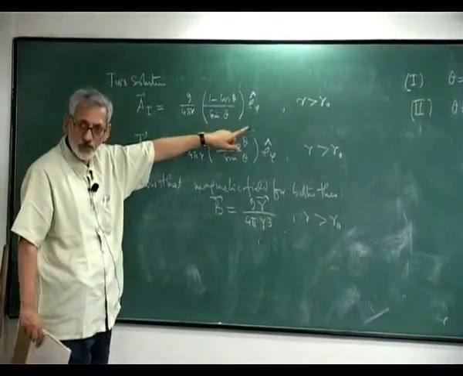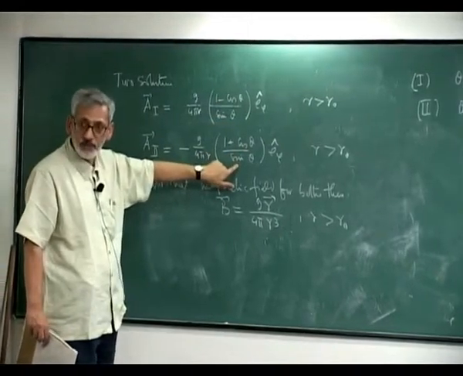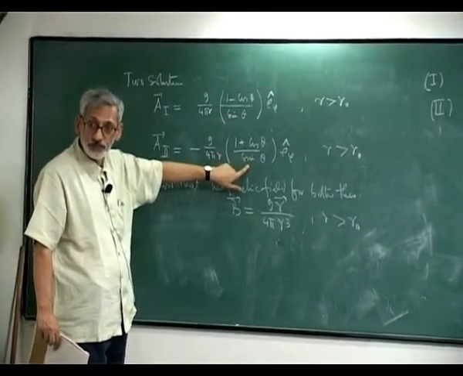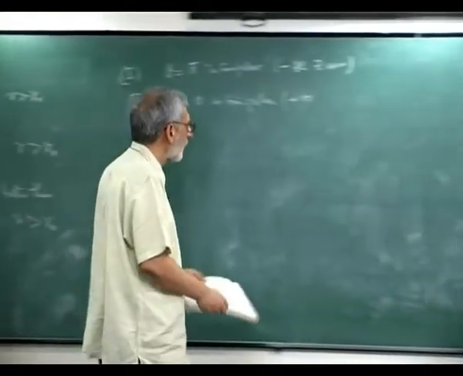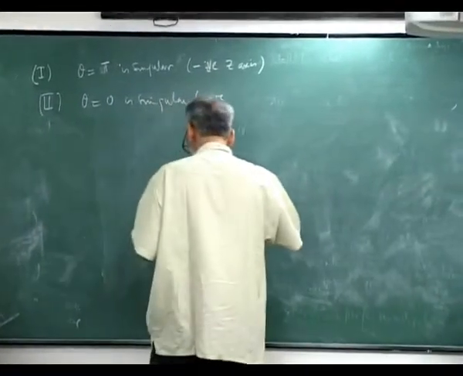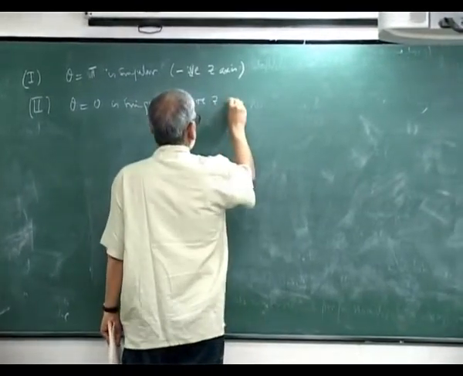Theta equal to pi is the problem for solution 1, and theta equal to 0 is the problem for solution 2. And that is the positive z axis.